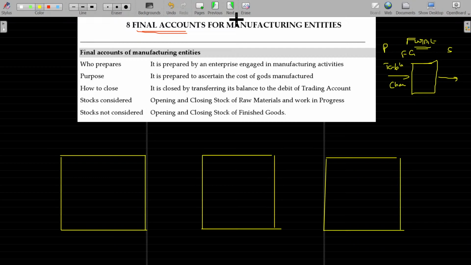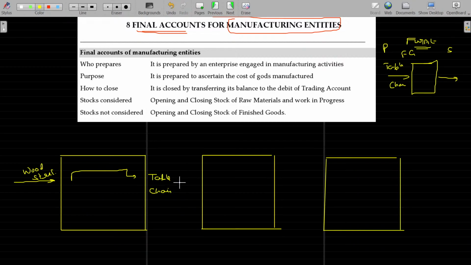Buying the finished goods and selling them as they are comes under a trading concern. But when it comes to manufacturing entities, they purchase the raw material. For example, they purchase wood, steel, plastic, etc. That will be converted into tables and chairs.